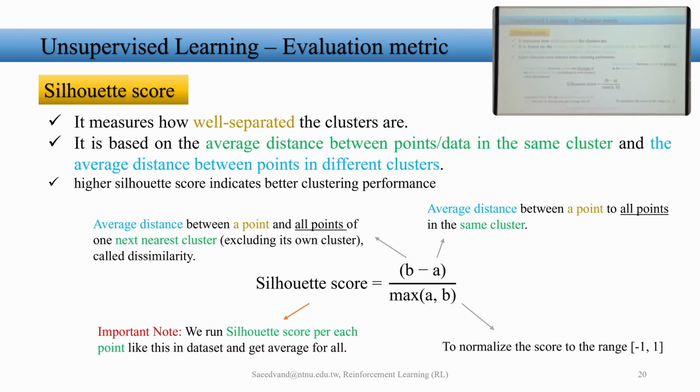Now, of course, this is for each one of the points. If I want it for the whole dataset, I should run it for all the independent data points that I have. So the silhouette score is defined in this equation only for one point. I didn't write the full version because it becomes a very complicated equation.